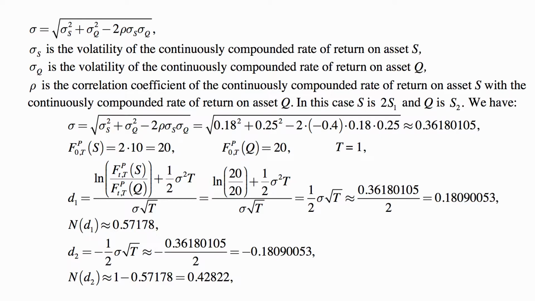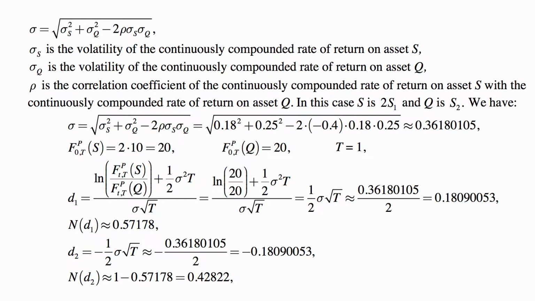So in this case, S is 2S1 and Q is S2. And we can calculate sigma based on the information given about the standard deviations of the two and the correlation coefficient, which was given as negative 0.4. So there we have the value of sigma. Then we have the prepaid forward prices for the two.